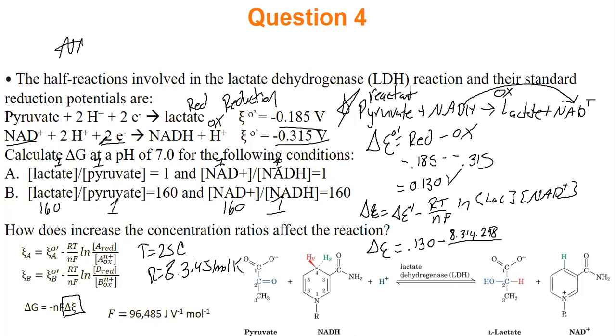Here, we're using 2 electrons. So it's 2 times Faraday's constant, 96485, multiplied by natural log. Whoops, I forgot the denominator. So products over reactants, pyruvate and NADH.